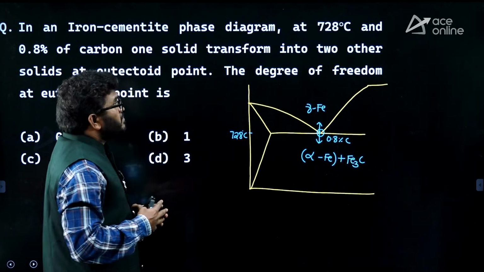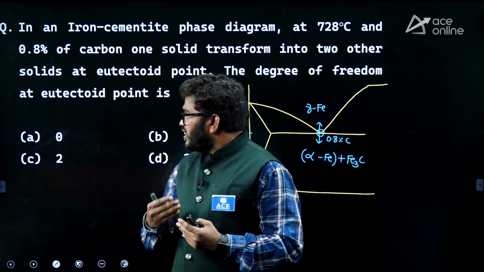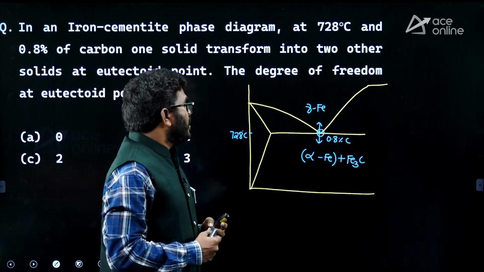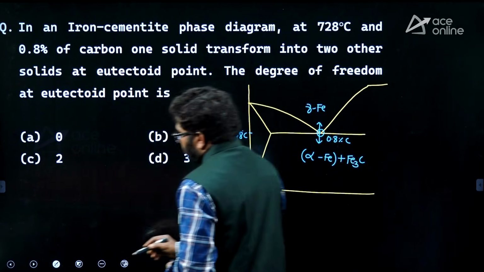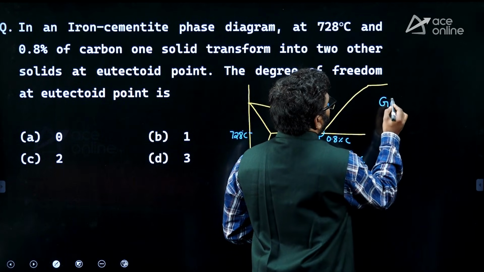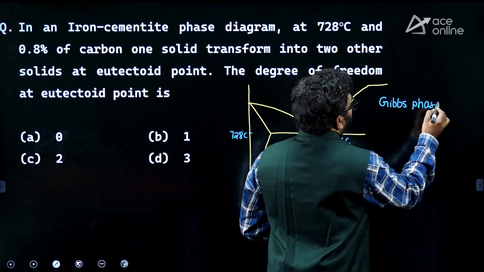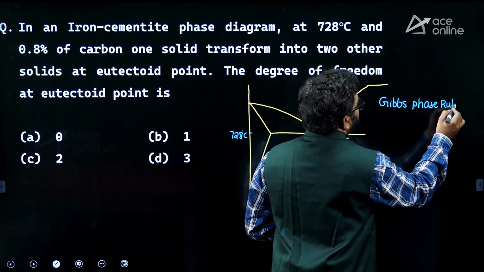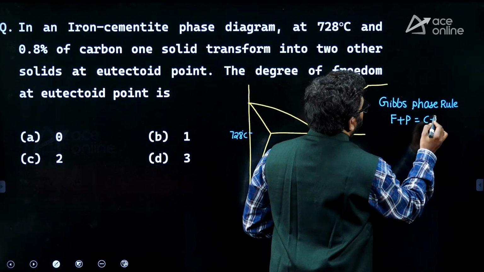So, what is the Gibbs phase rule? To find the degree of freedom, we use the Gibbs phase rule. The general Gibbs phase rule formula is F + P = C + 2.